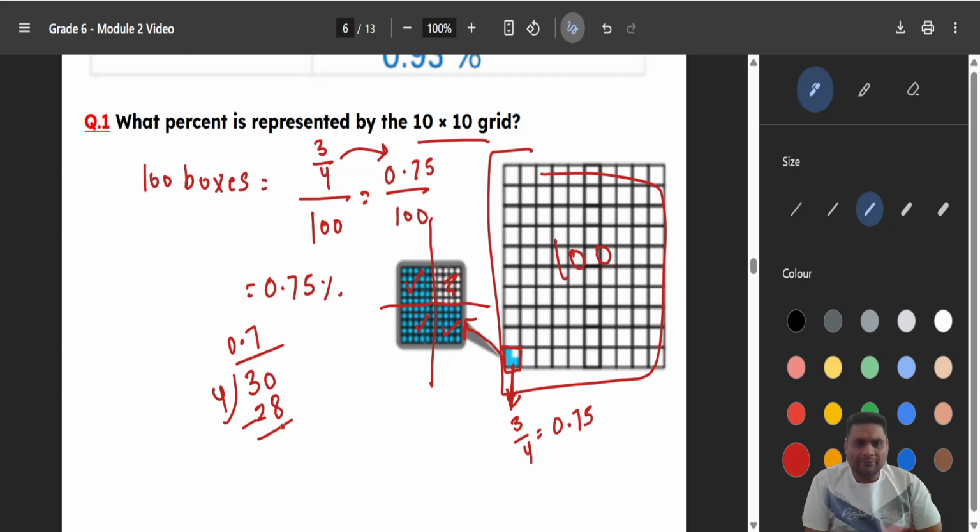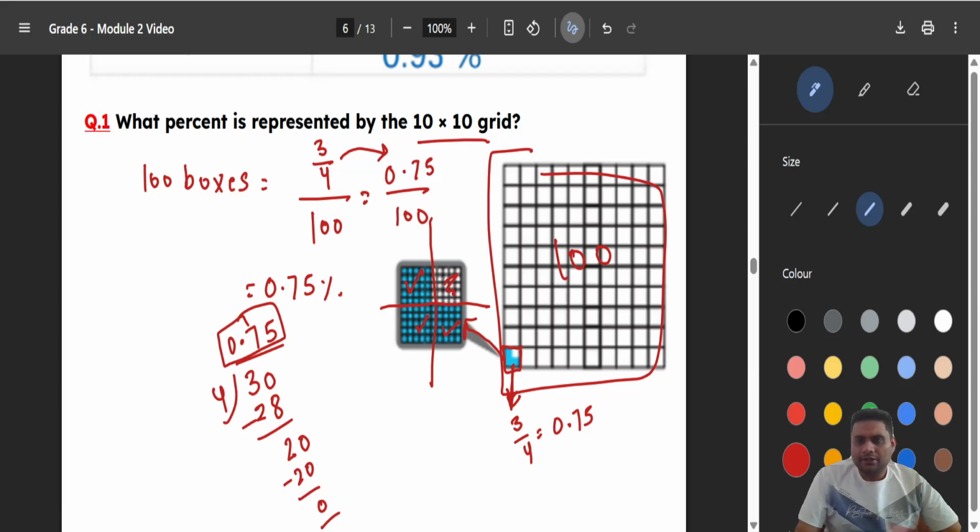Do minus. 30 minus 28, 2. Again, the 2 is smaller than 4. I have the point. The point gives me the power to write a 0 again. So 4 times how much gives me 20? 4 times 5 gives me 20. Do minus, you get 0. So the answer is 0.75. That's why I write here 0.75. Okay, this is how you have to do it. Next question.